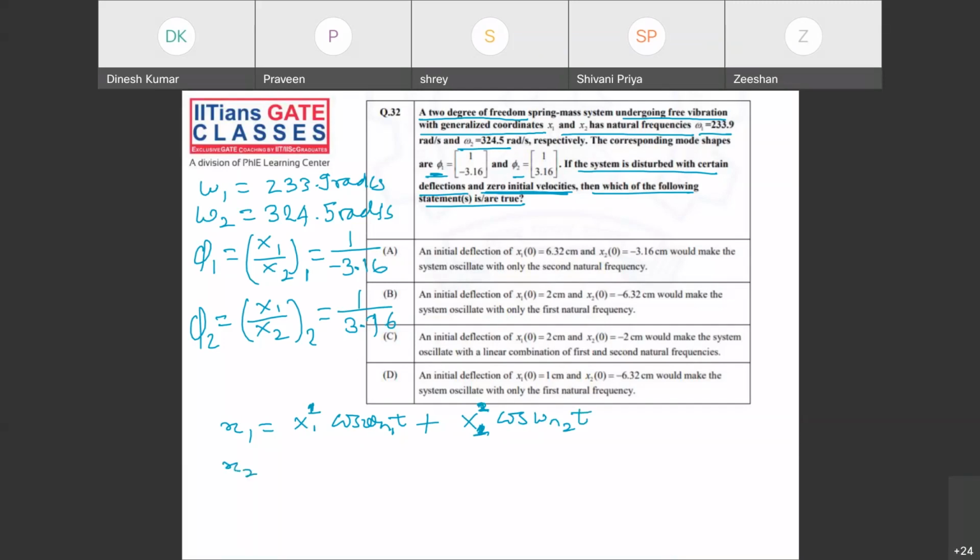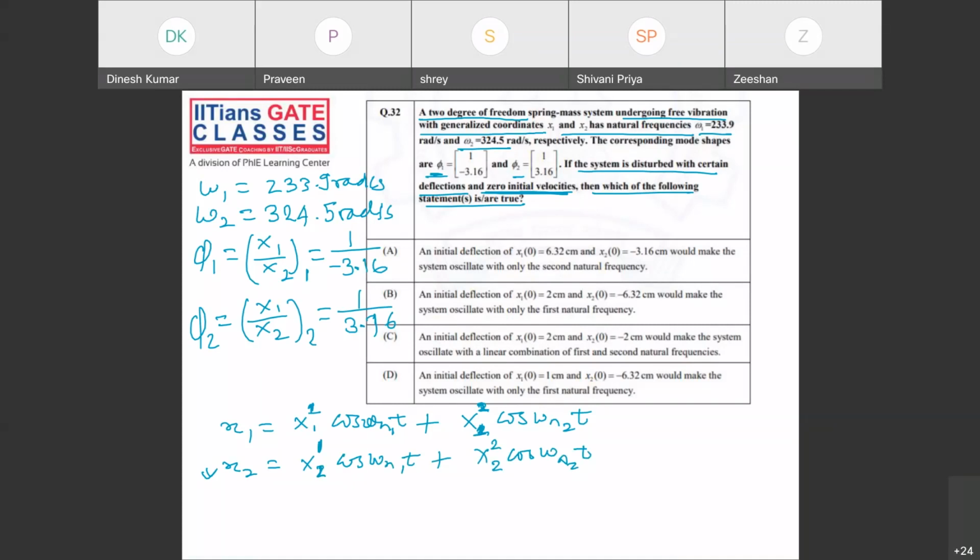What is the solution for this second coordinate x2? It is x2 corresponding to the first natural frequency cos of omega n1 t plus x2 corresponding to the second cos of omega n2 t.